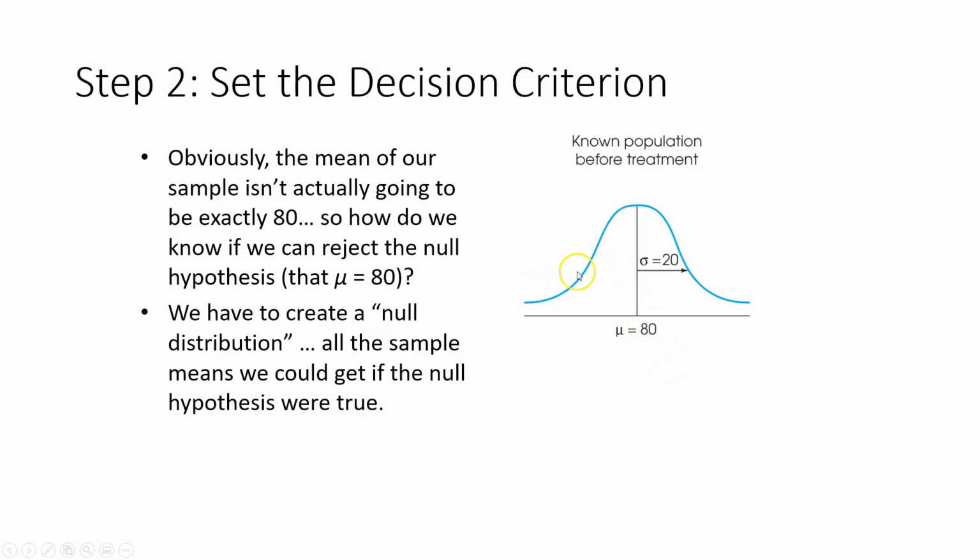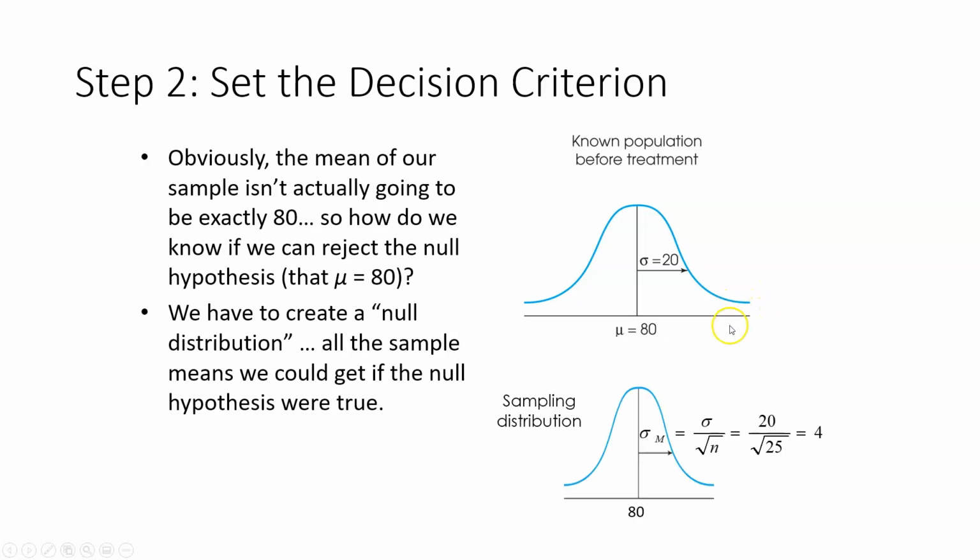So this right here is the known population before treatment, and this right here is the sampling distribution, which we drew from the population, and these sample means will mostly be around 80, but some will be a little higher and some will be a little lower, and the standard error of the mean from this sampling distribution is computed, as you know now, using sigma over the square root of n.